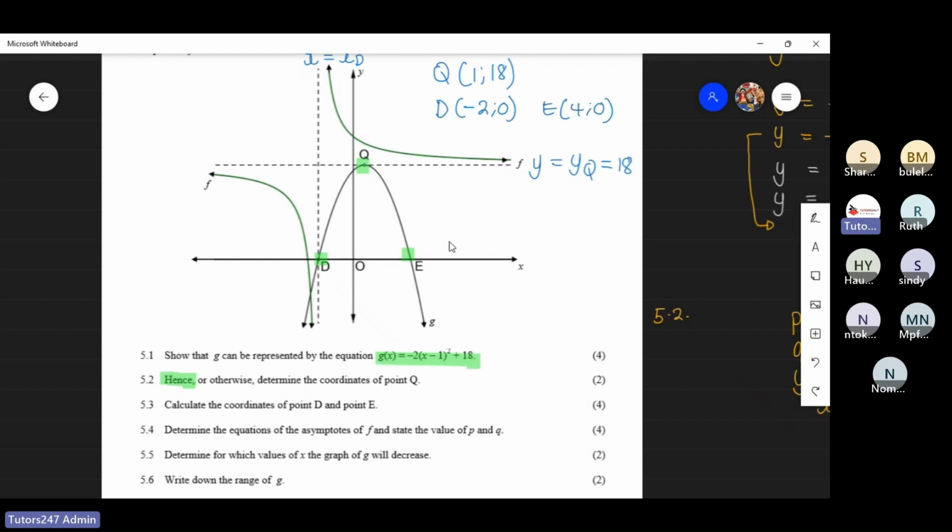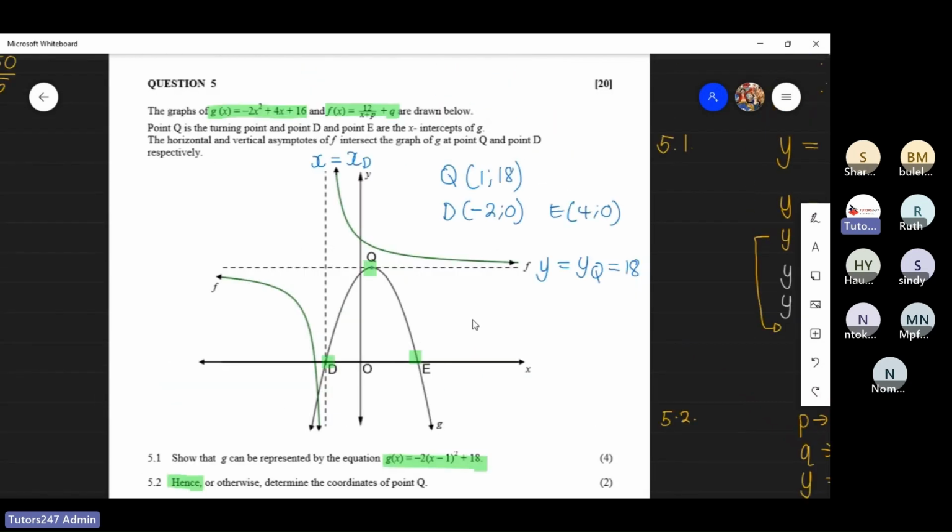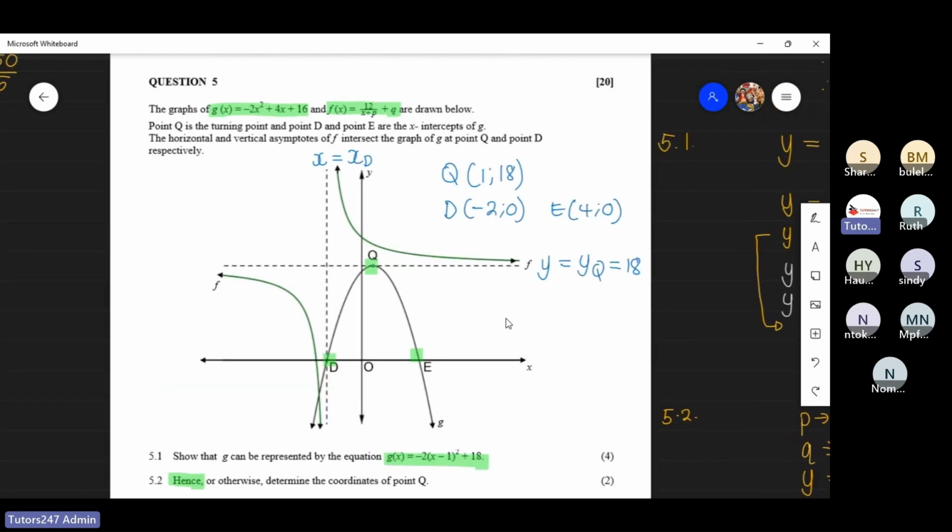Now something important, remember we previously stated that the x value of D represents the vertical asymptote. So this is now going to be -2. So we now have the equation of our hyperbolic function, because keep in mind that that -2 and that 18 represent the p and q values.